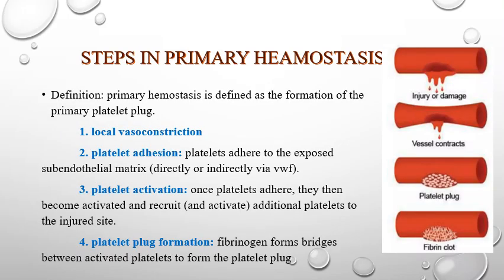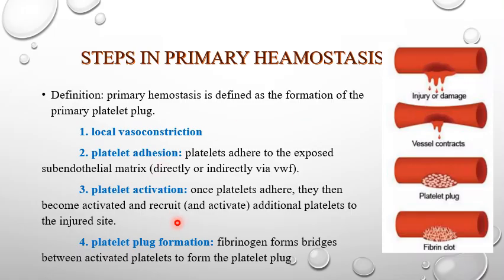So, what are the steps involved in primary hemostasis? Primary hemostasis is defined as the formation of primary platelet plug. It has four steps. First is local vasoconstriction. Second is platelet adhesion. Platelets adhere to the exposed subendothelial matrix directly or indirectly via vWF factor.